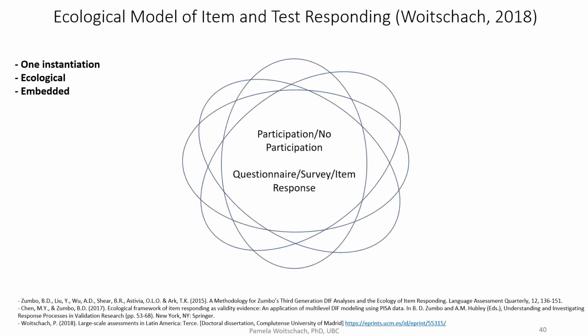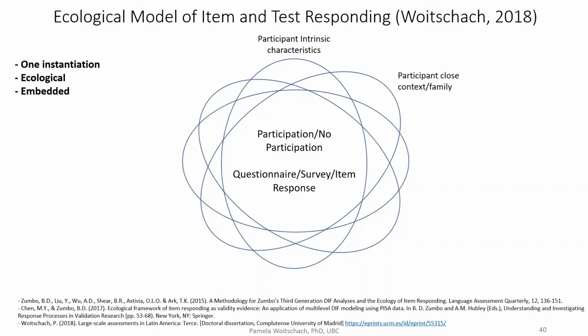We say that the participation or non-participation, as well as the questionnaire, survey, or item response, is related to the participants' intrinsic characteristics. Here we can include some of the examples from our webinar part 1, such as the participant's psychological characteristics or the ability to respond to the survey.